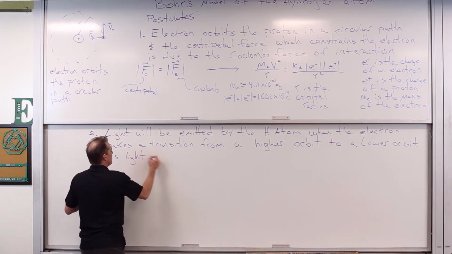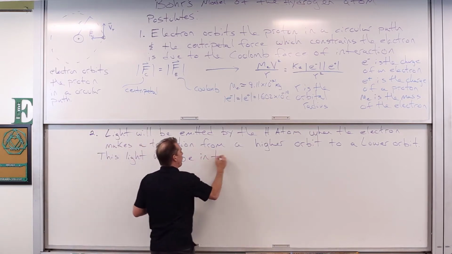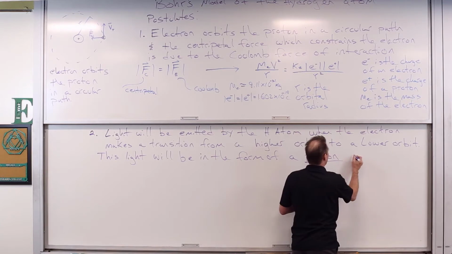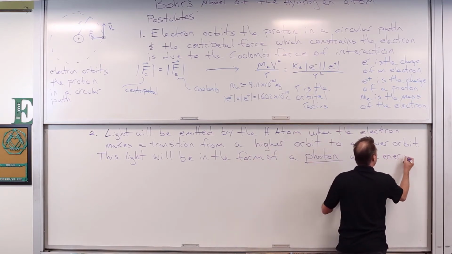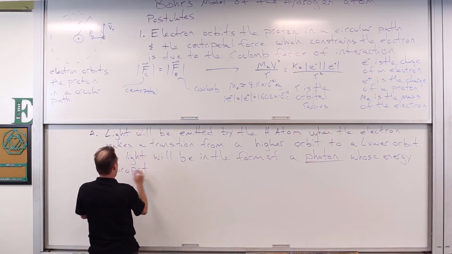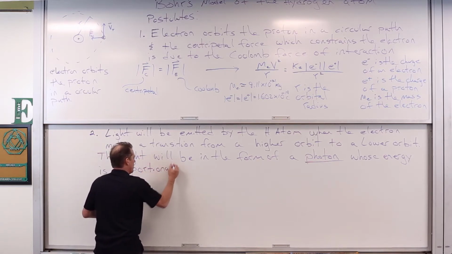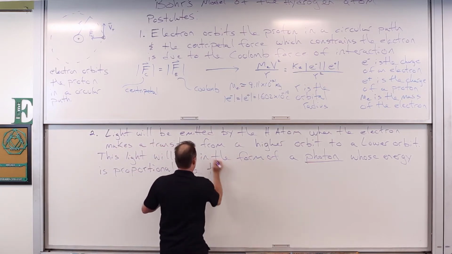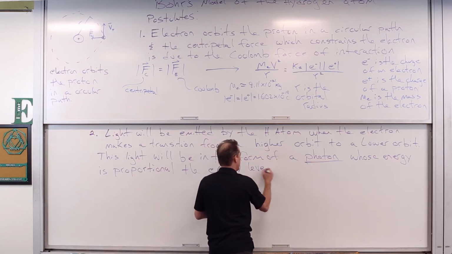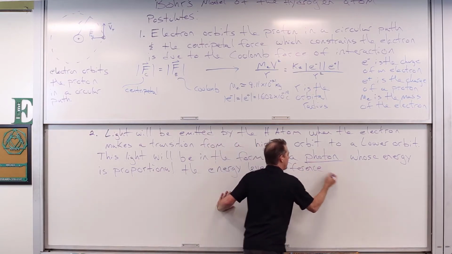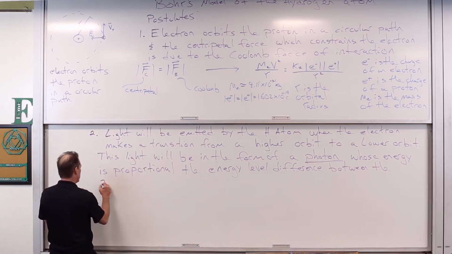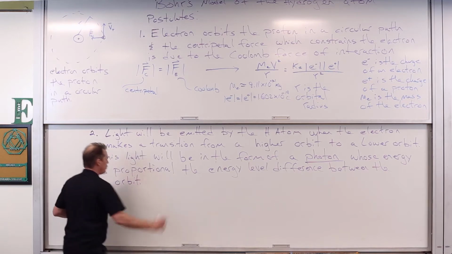This light will be in the form of a photon whose energy is proportional to the energy level difference between the two orbits.